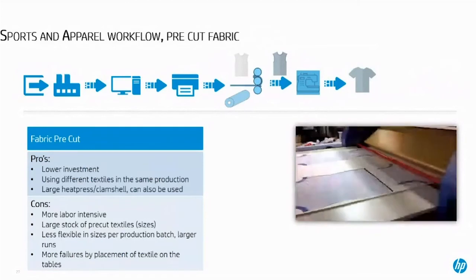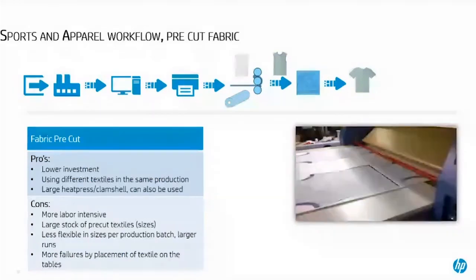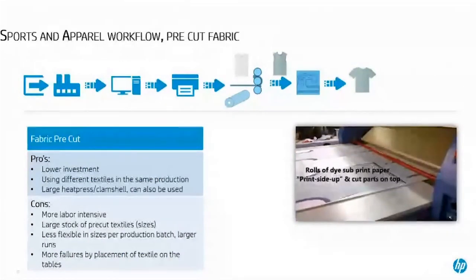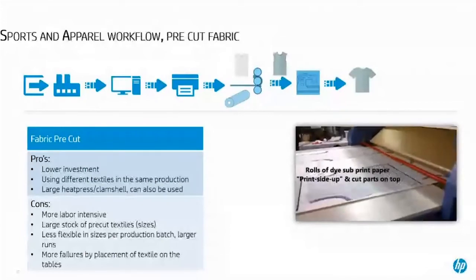And some of the cons: it's a little bit more labor intensive as you have to stack the cutout pieces on top of the prints. You have to make sure that they are lined up.